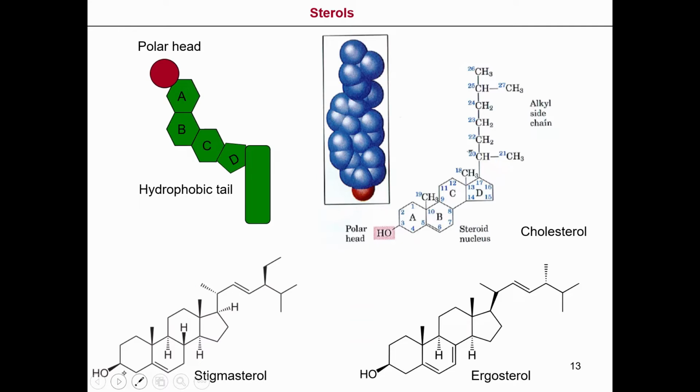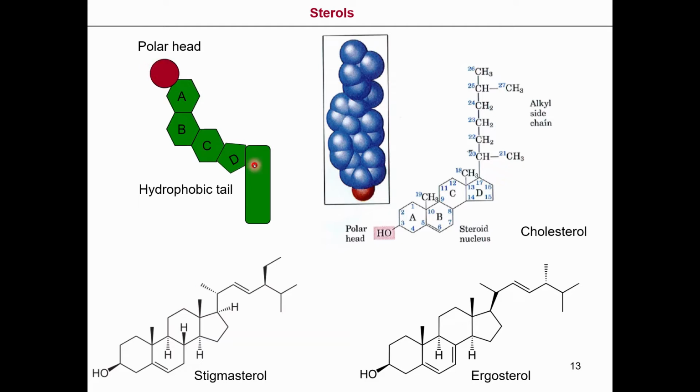Their characteristic structure is the steroid nucleus consisting of 4 fused rings, 3 with 6 carbons and 1 with 5. Okay, so you have A, B, C, which are rings of 6 carbons, and D, which is a ring of 5 carbons. You can have another hydrophobic tail, but you always have the polar head.